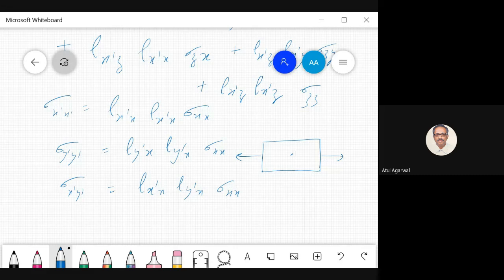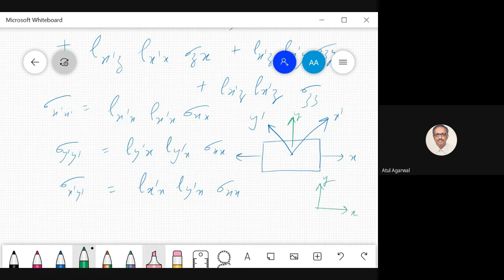Then I had taken a coordinate system like this. This was my x prime, y prime, my x, original x, my y. So I can say my coordinate system initially was this. Later on it became this.